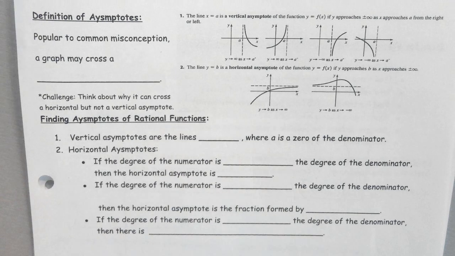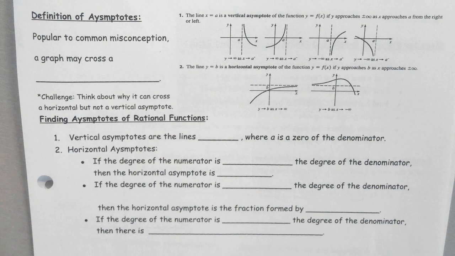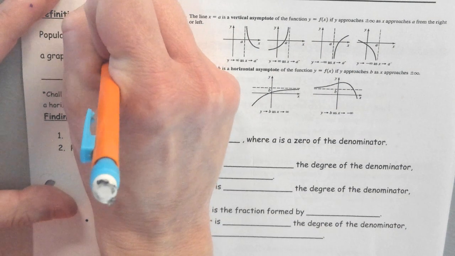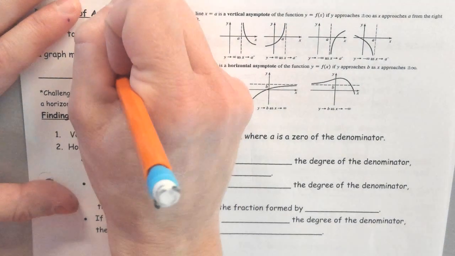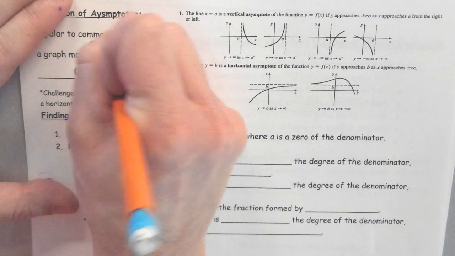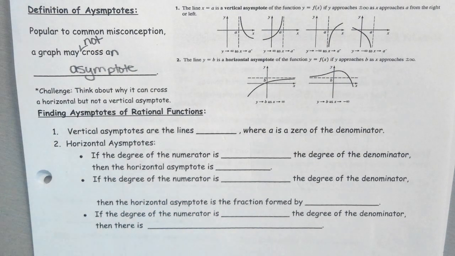A popular misconception is that a graph may not cross an asymptote. That's a common misconception, meaning that a graph can touch or cross an asymptote.